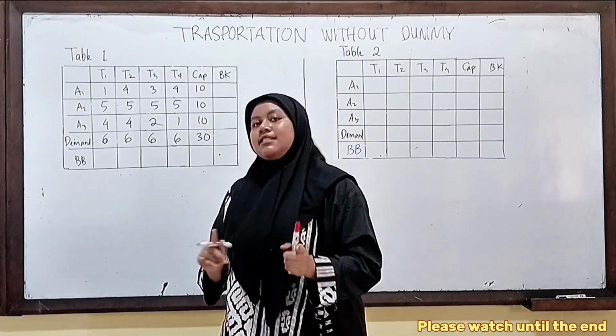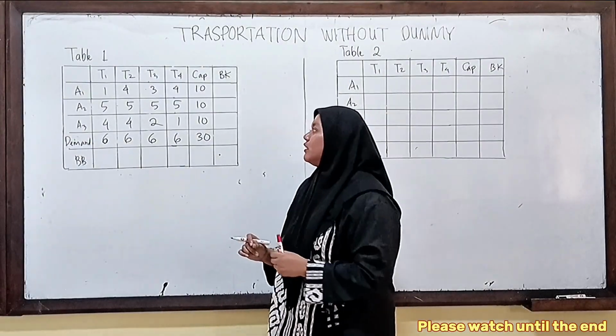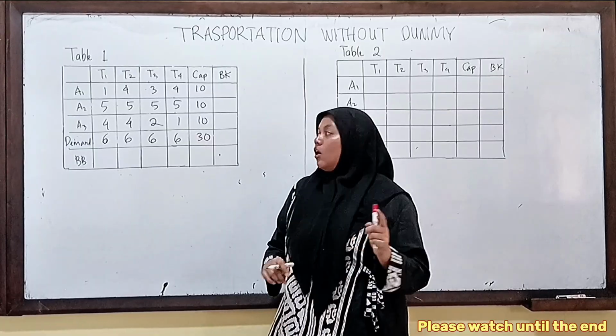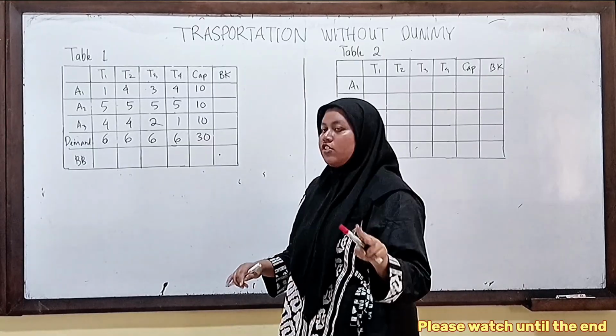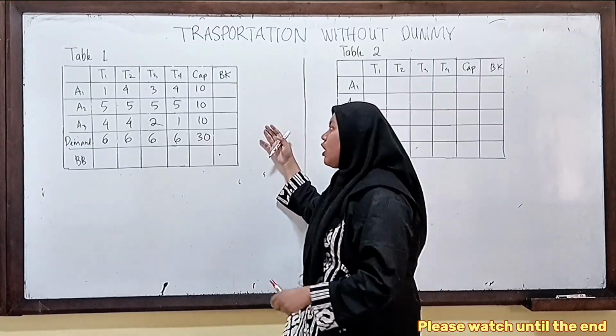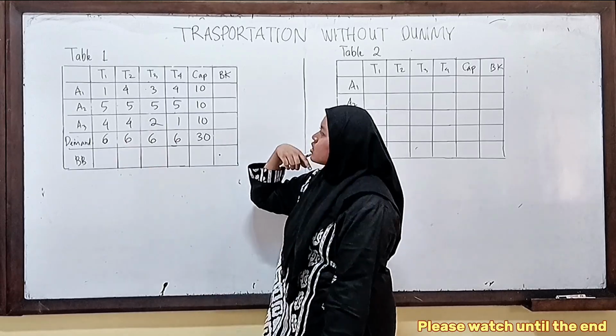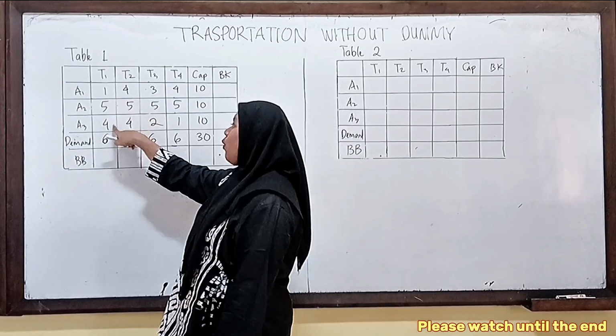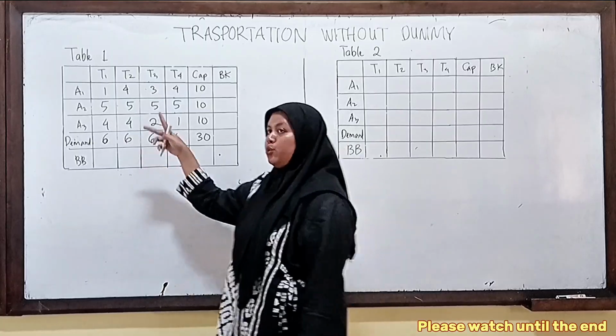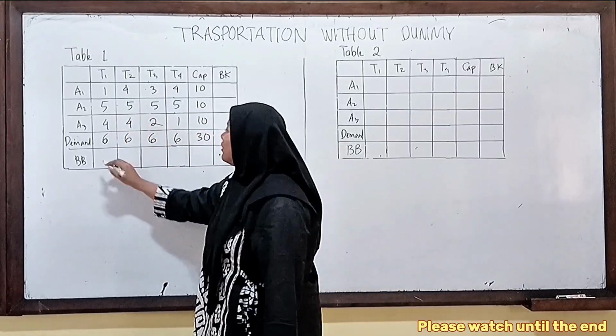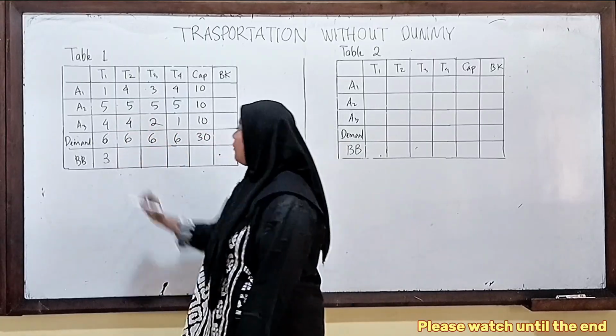Okay, so for the first step, we subtract the two minimum costs in each column and each row. In column 1, the two smallest are 1 and 4, so we subtract them and get 3 here.